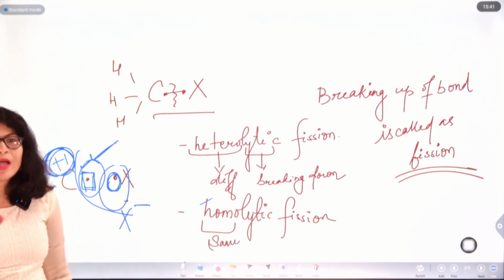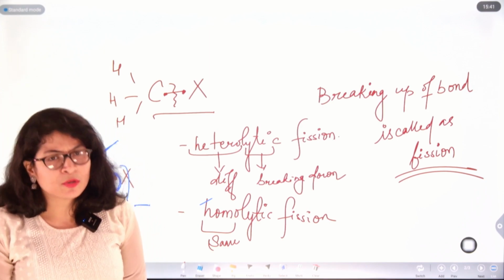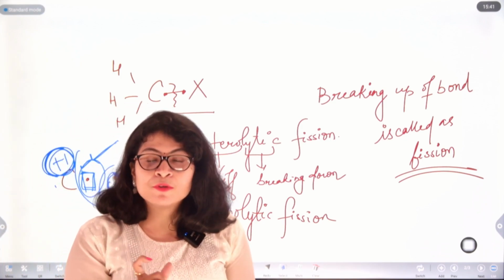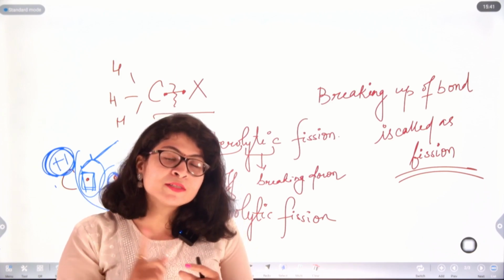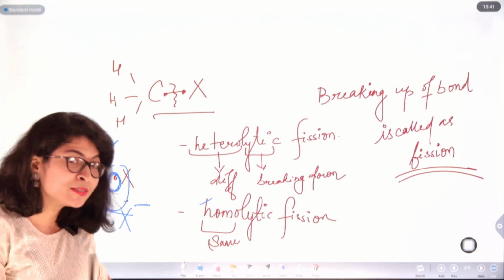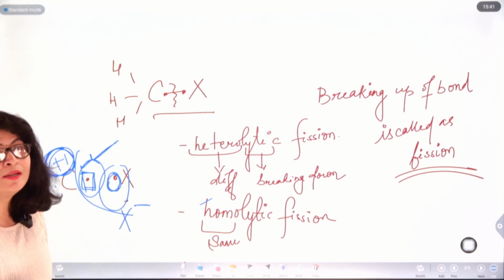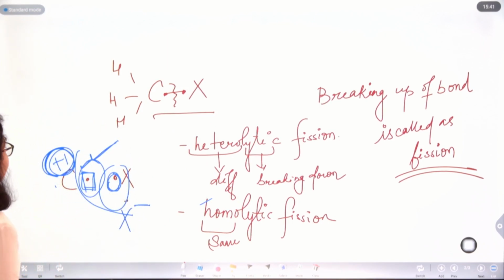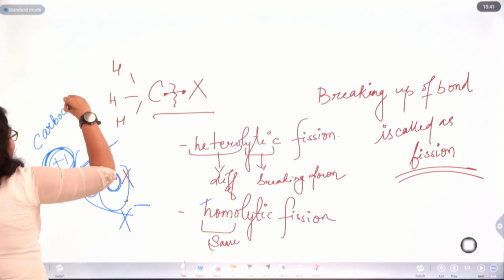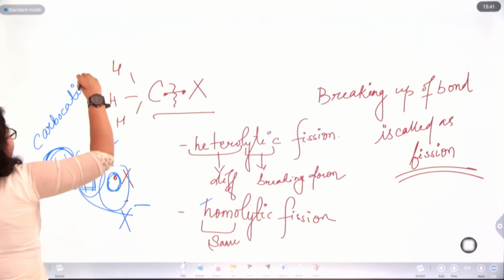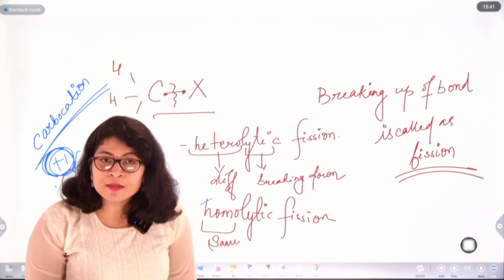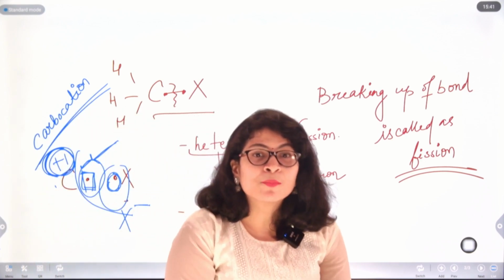We know the atom which loses an electron forms a positive charge, and that is called a cation. Here carbon is the cation, therefore it is called carbocation.